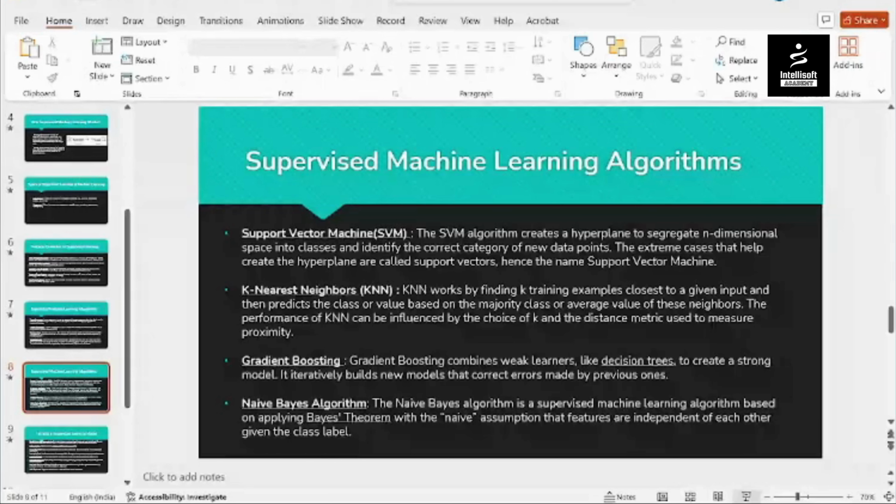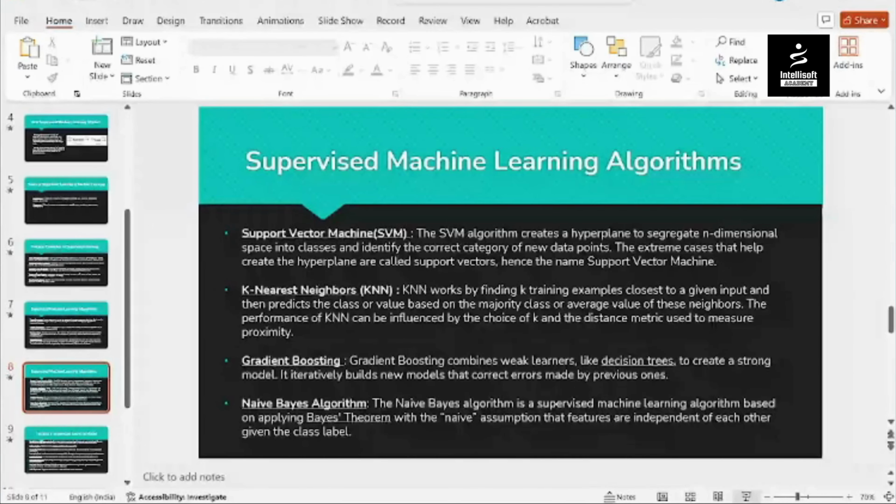Then it's gradient boosting. Gradient boosting combines weak learners like decision trees to create a strong model. It iteratively builds new models that correct errors made by the previous ones. So it is only to correct errors made by previous models.